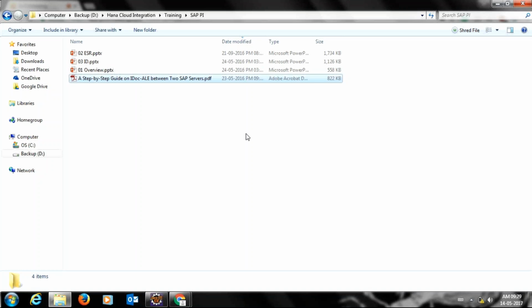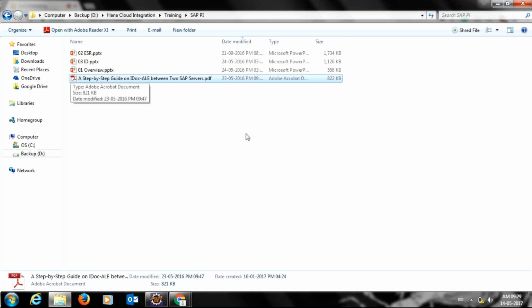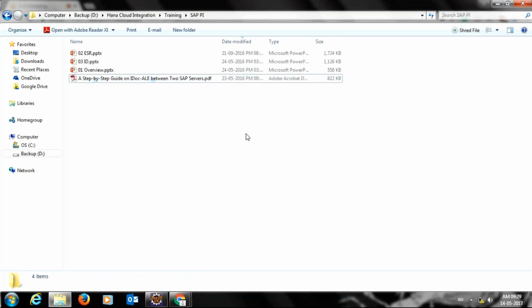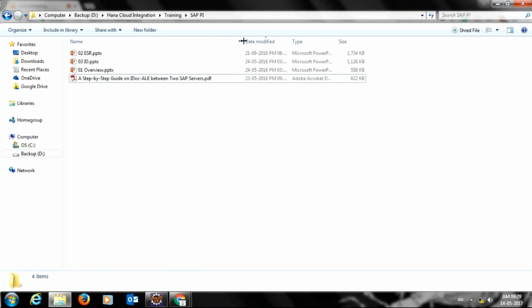Apart from this, there is something called ALE configuration. ALE configuration is required, or it is done on your ECC, and I will be sharing this document, and I will be doing some ALE configuration while configuring my C4C and connecting my C4C to my ECC. So it is based on the iDoc.